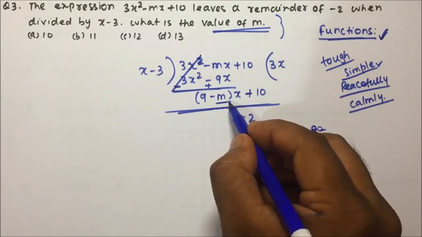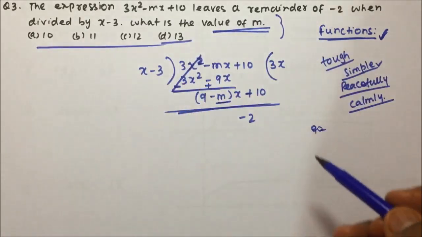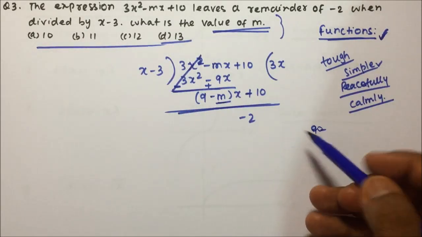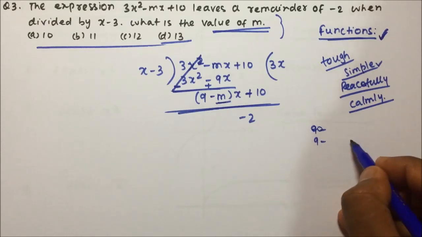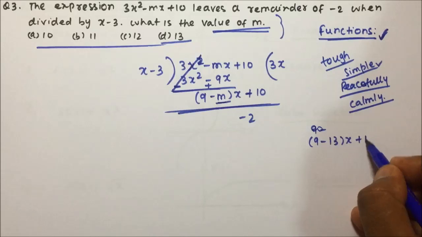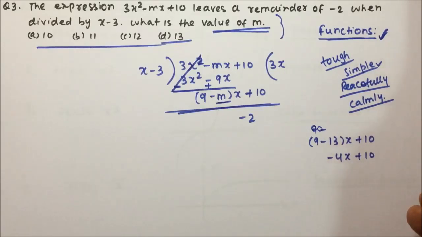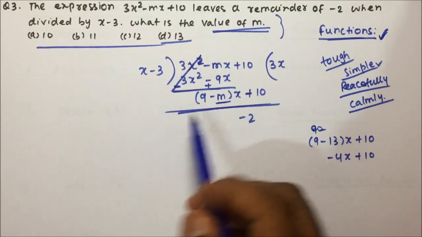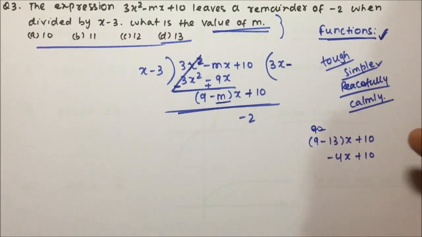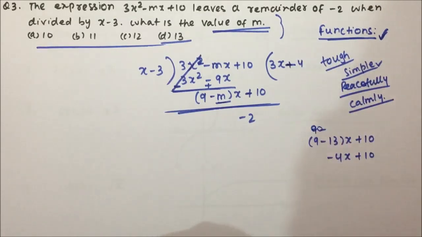So let's see what I am going to do here. Now I am going to keep the value of m out of this one. So I am keeping 9 minus, okay, let's keep 13 so that you will be able to understand, and plus 10. So this will become minus of 4x plus 10. Now if I am multiplying with 4, then what will happen?